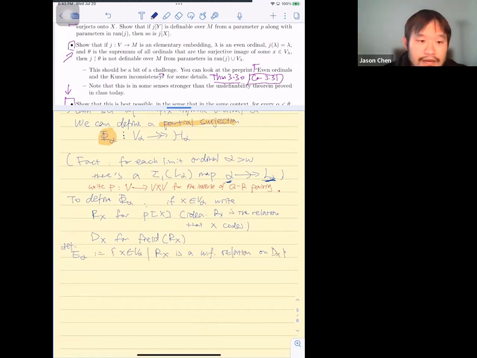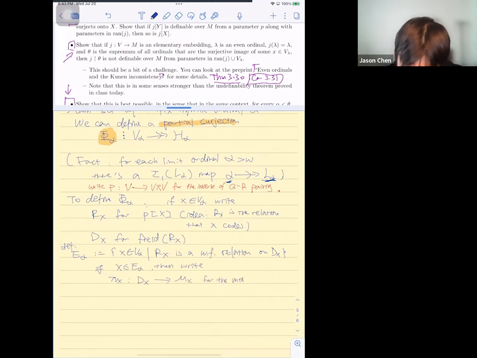Now, if X does code a well-founded relation, then write pi of X, going from dx to some mx, for the Mostowski collapse of dx under the relation Rx.